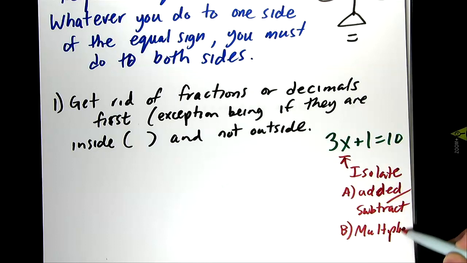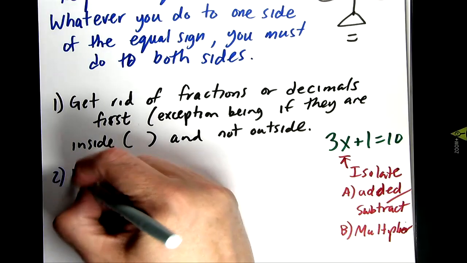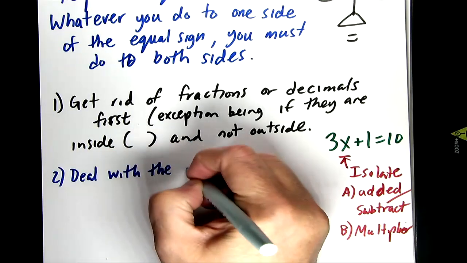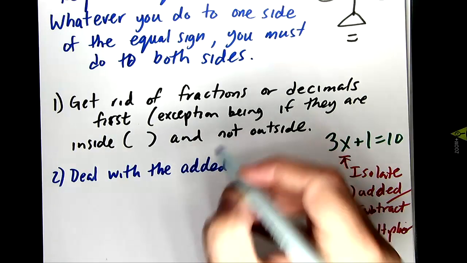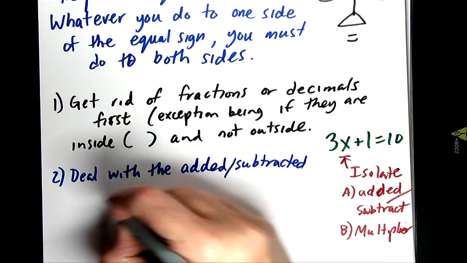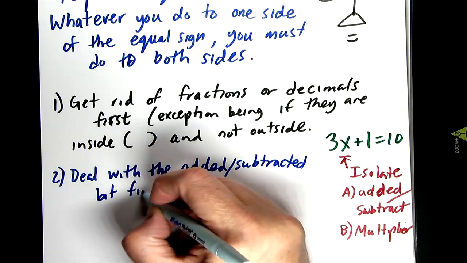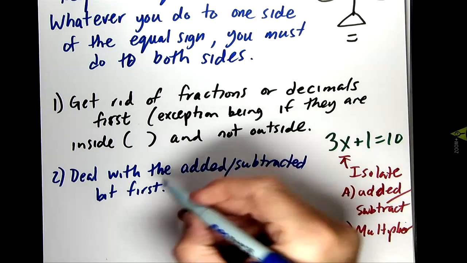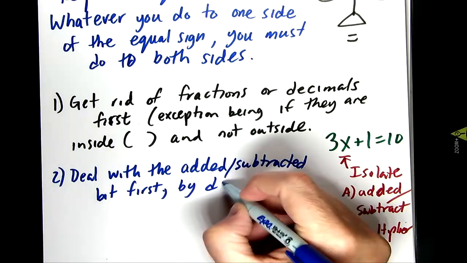It's got a multiplier. So the best way to go through with this is deal with the added or subtracted thing first. And we do that by doing the opposite to both sides.